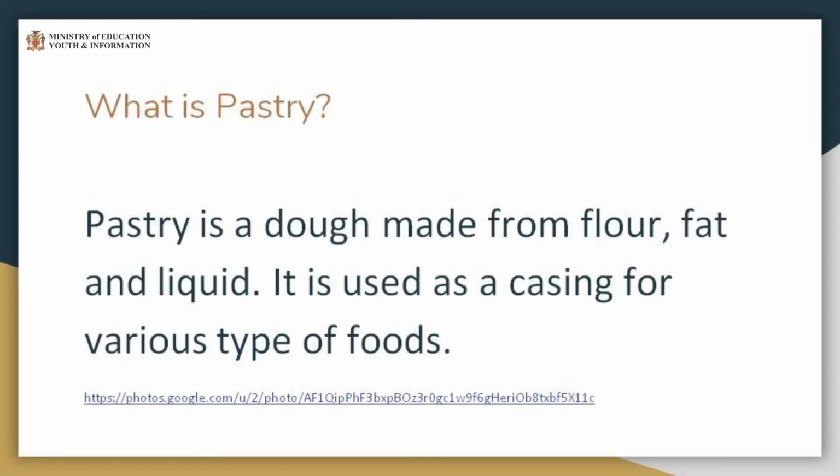Okay, class. Based on the selections that you have made, what would you consider a pastry? Okay, let us go. A pastry is a dough made from flour, fat, and liquid. It is also used as a casing for foods.